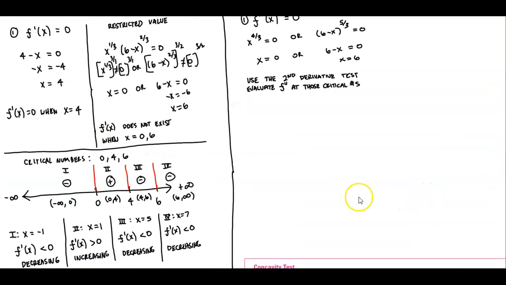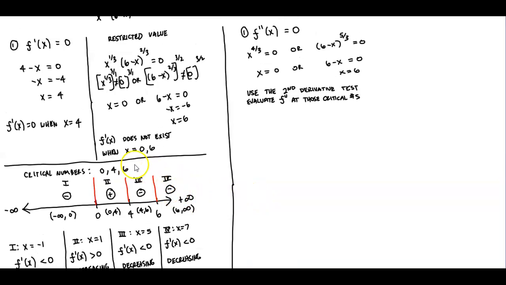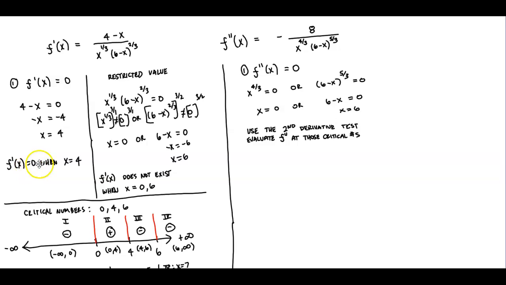We already know that we have critical numbers at 4, 0, and 6. So we want to find f double prime of 0, f double prime of 4, and f double prime of 6.